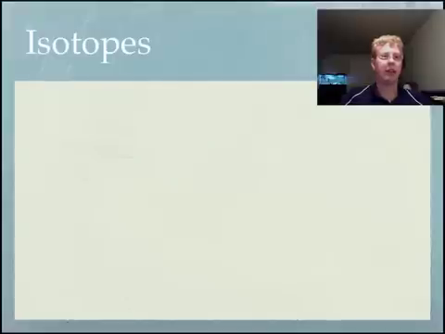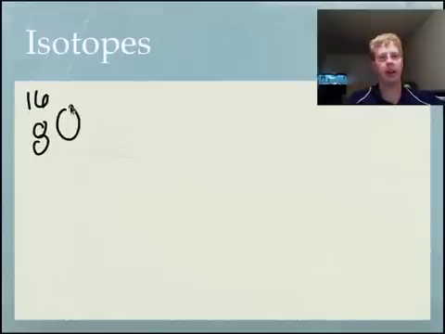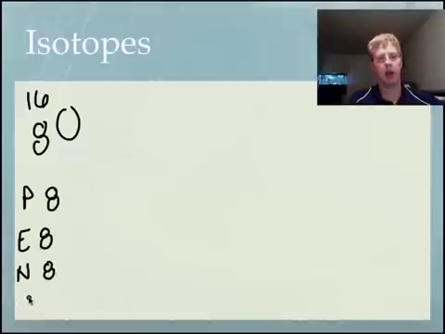Now that we know how isotopes are the same and different, let's go ahead and look at it using shorthand notation. So if I start out by using oxygen 16, which has 8 protons, 8 neutrons, 8 electrons, we could write it out like this at the bottom here.